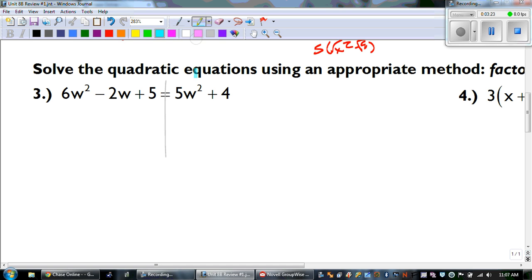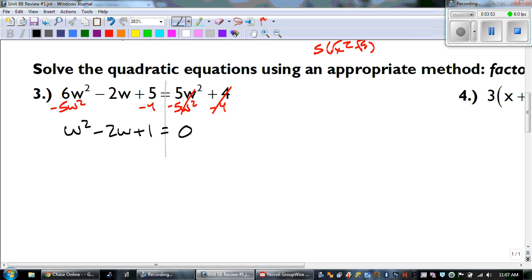I need to look at my quadratic term and move the smaller one. So the smaller one is the 5w squared. So if I'm moving the 5w squared to the other side, I should move the 4 to the other side. So everything cancels, we set equal to 0, and then we get w squared minus 2w plus 1.